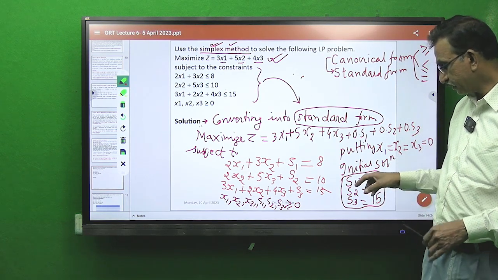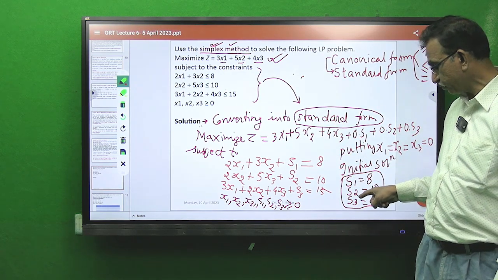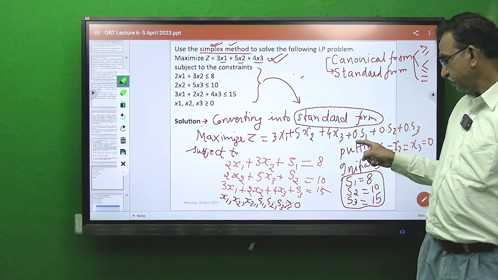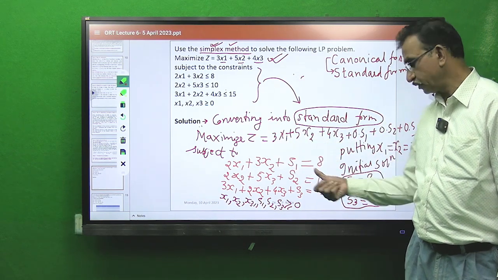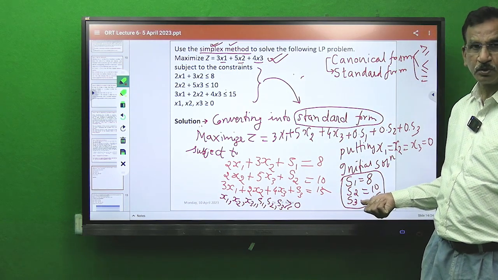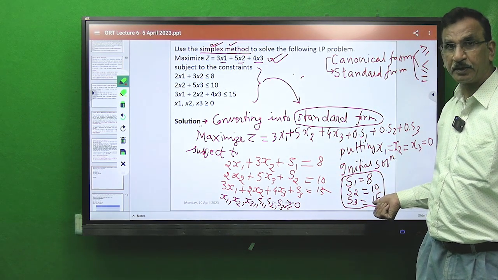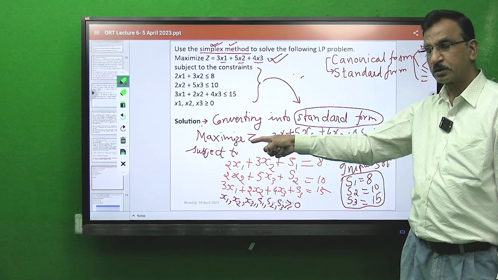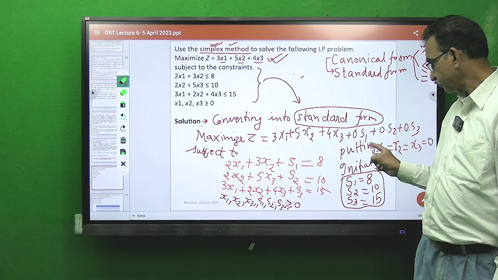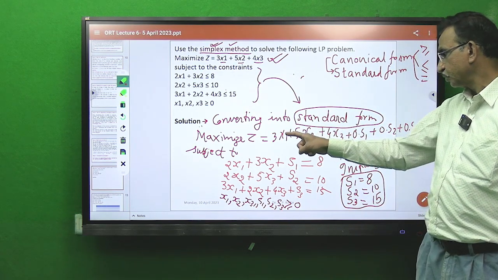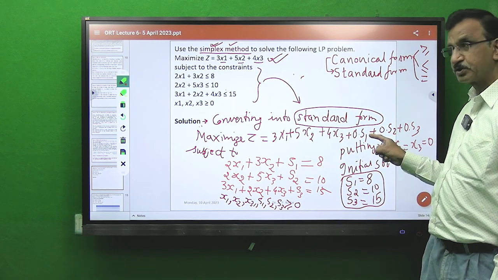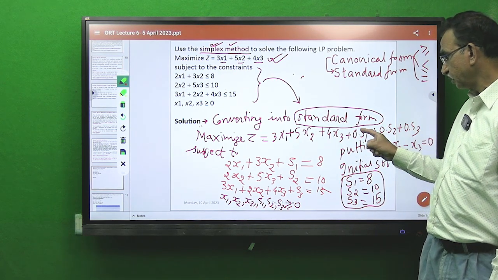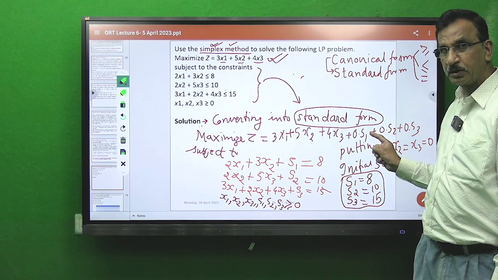Now here you can also find, if I put these values over here, what will be the objective function with these S1, S2, S3 existing as 8, 10, 15. You can see here 3 into x1, putting x1, x2, 0. So this real variable term will yield 0. 0 multiplied by fictitious variable term S1, S2, S3 will also yield 0.